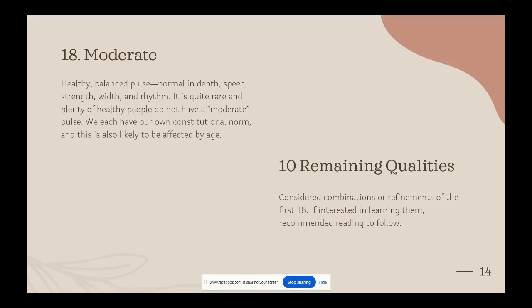People tend to have their own constitutional norm. So you might be someone who just has a little slipperiness to all your pulses, or a little wiriness, depending on who you are constitutionally. But a healthy, balanced pulse is considered normal in all those ways we just talked about: depth, speed, strength, width, and rhythm.